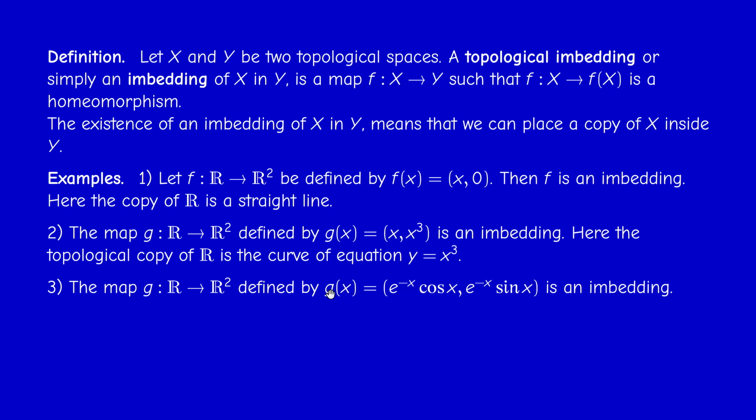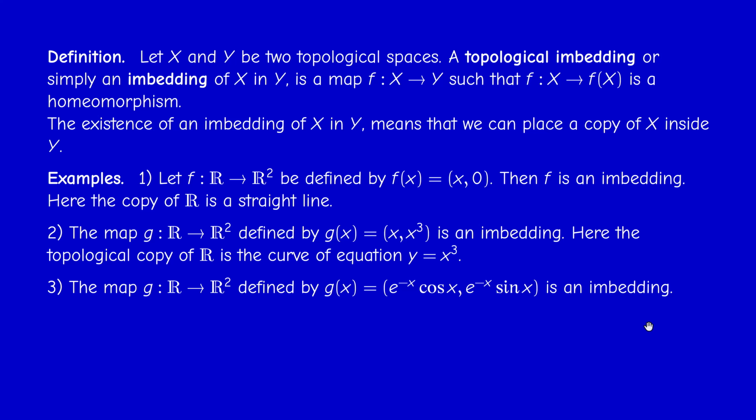A less trivial embedding is the spiral. If you consider the function g of x, whose first component is e to the minus x cosine x, and second component e to the minus x sine x, if you plot it, you will find a spiral. As x tends to infinity, g tends to 0. So try to imagine a spiral.